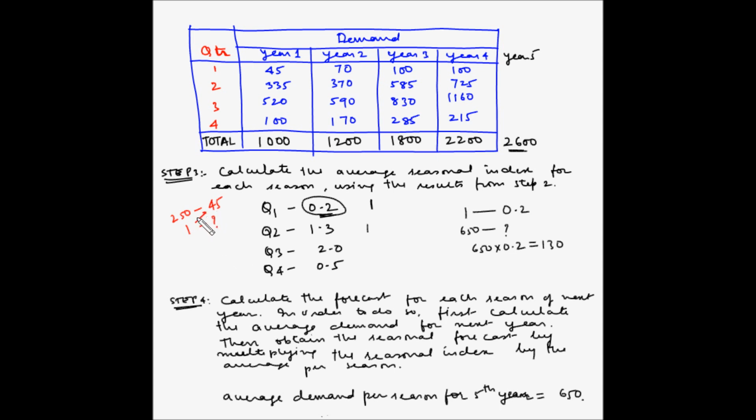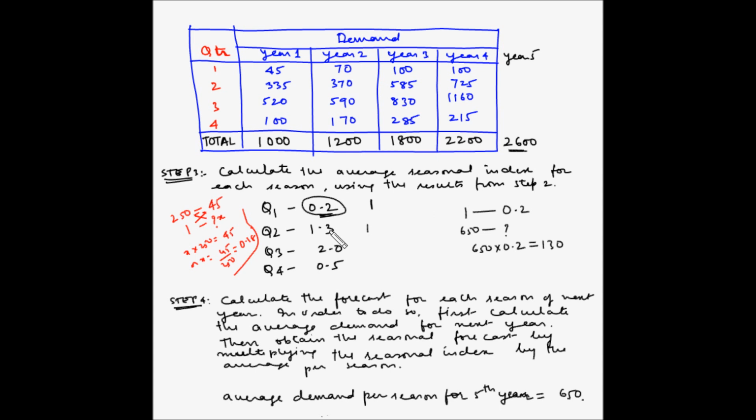So cross multiplication, let's say this is x, so x multiplied by 250 is equal to 45 multiplied by 1, or x is equal to 45 by 250, and this is equal to 0.18, which we had obtained for year 1 Q1. Now of course we got 0.2 because we took the average of all the 4. But to understand the concept here, in terms of relative forecast, if the total is 1 for Q1, then against 1 the seasonal forecast is 0.2.